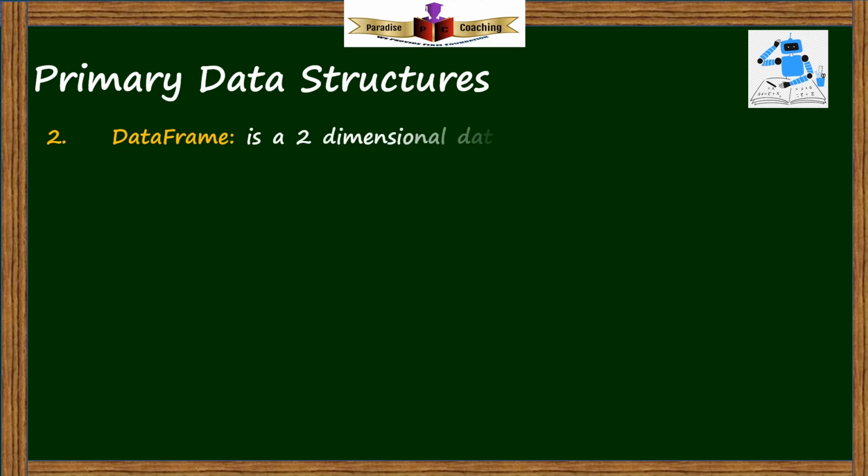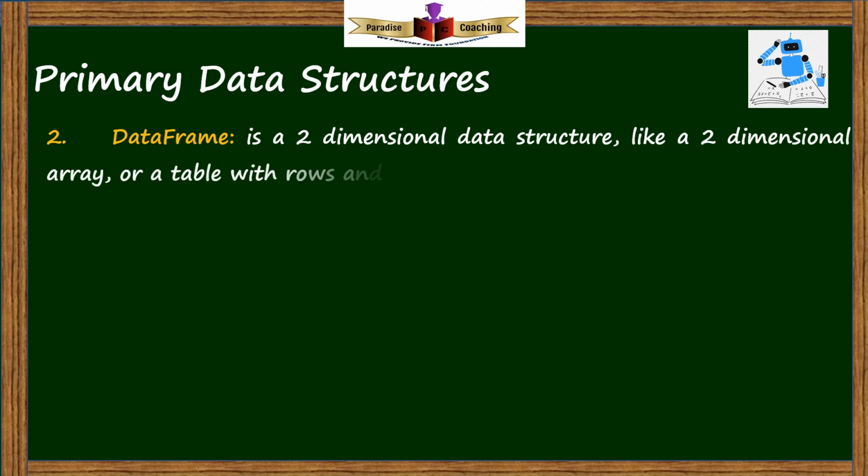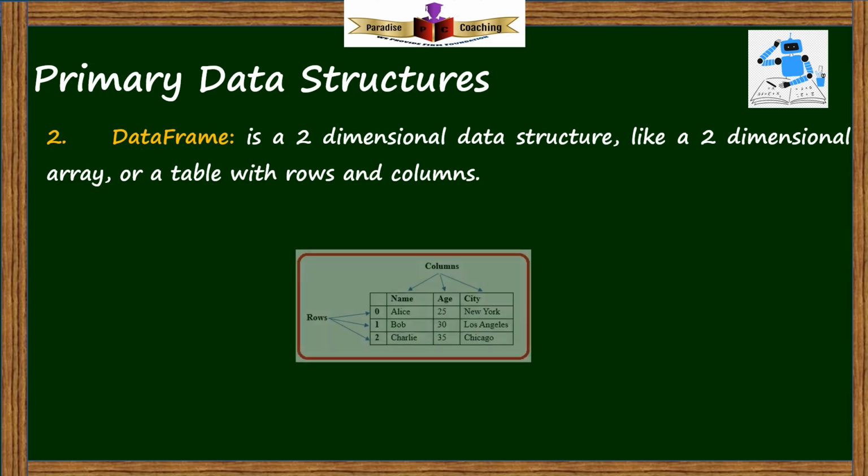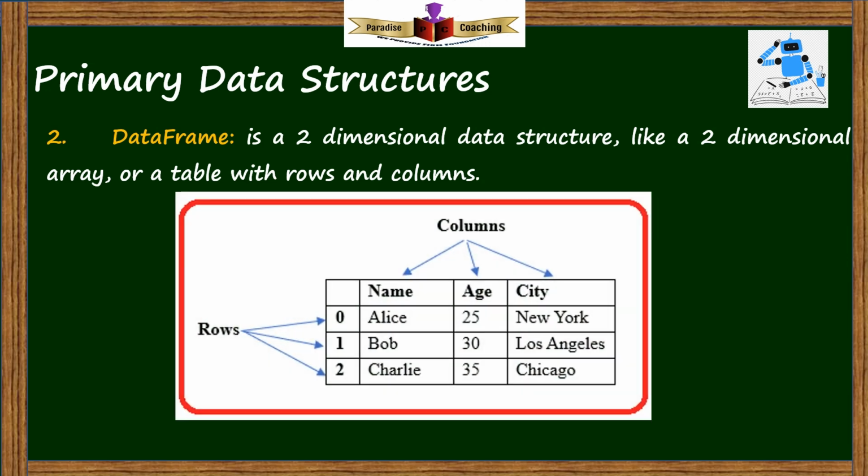Two, DataFrame. A DataFrame is a two-dimensional data structure, like a two-dimensional array or a table with rows and columns. Here is a table with 3 columns, name, age, and city, and 3 rows labeled as 0, 1, and 2. The tabular data structure can be created as a data frame using Pandas. The code is as follows.